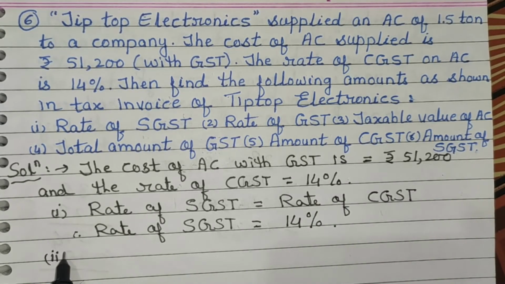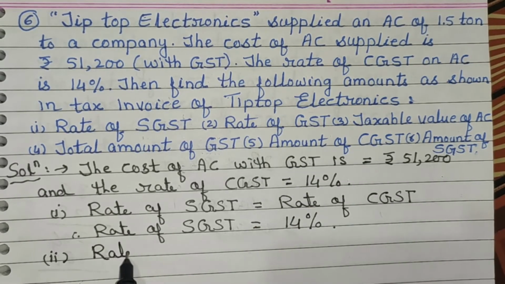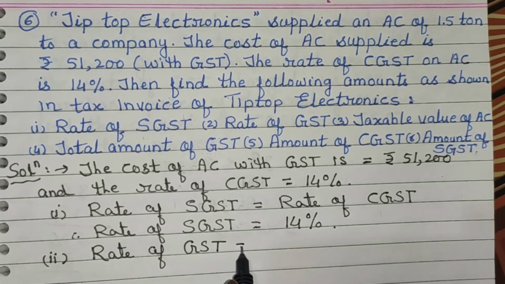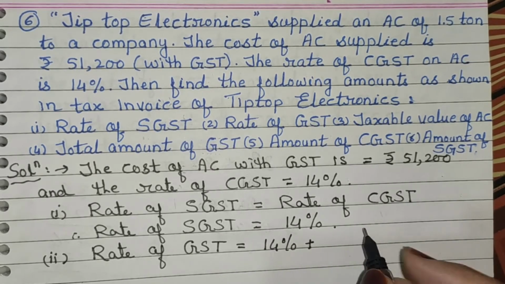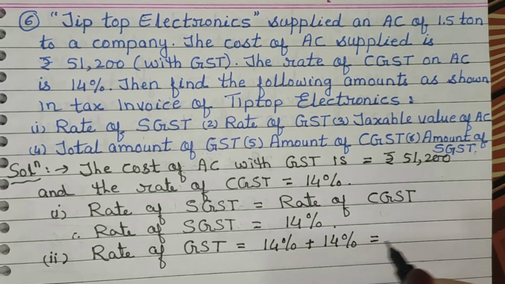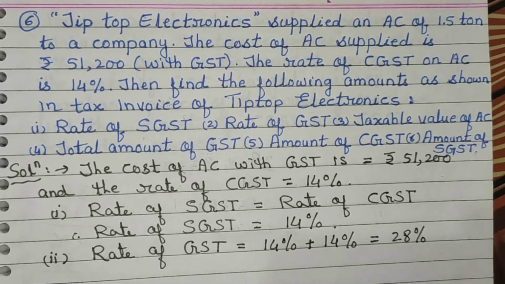Now the second, rate of GST, we know that rate of GST is equal to rate of SGST, 14%, plus rate of CGST, 14%. Adding these two we get 28%. It is the rate of GST.